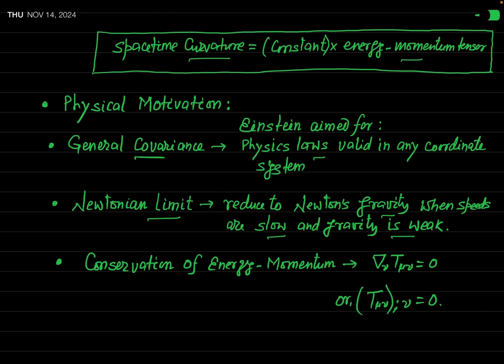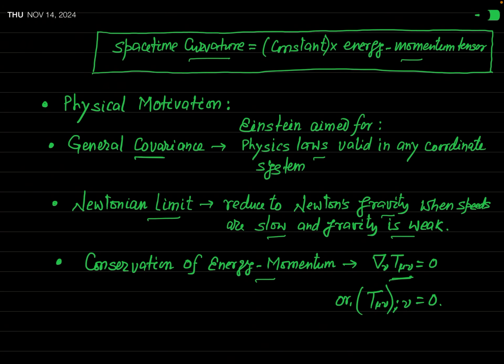And another motivation behind this well-known law of physics was the conservation of energy and momentum. You know, the material tensor T mu nu is the quantity in terms of which we can express the conservation law of energy momentum. The covariant derivative of T mu nu is equal to 0.